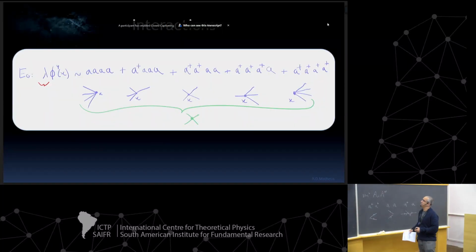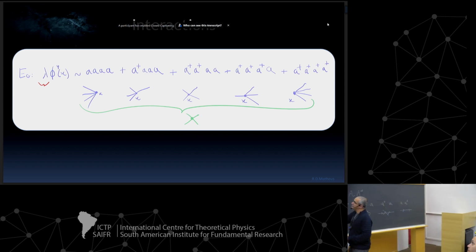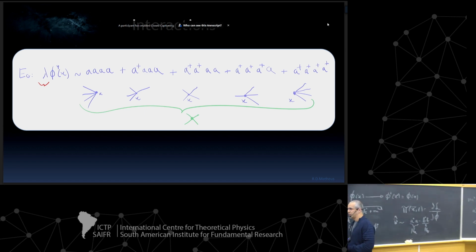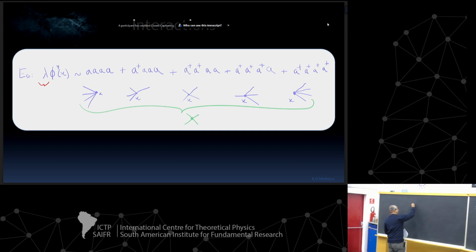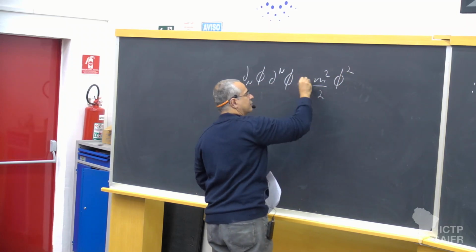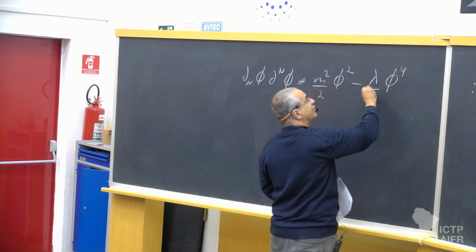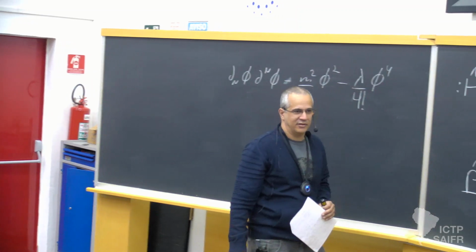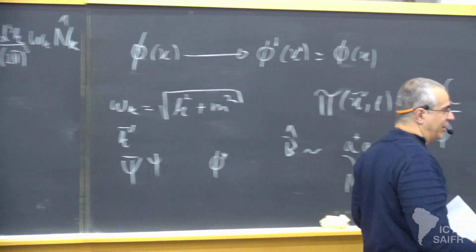So suppose I take that theory I started with, and I add now this lambda phi 4 interaction, which is the favorite toy model of quantum field theory courses everywhere. Now I'm talking about this. And usually we normalize with a 4 factorial here, but that's not important for you, right? This is now an interacting theory.